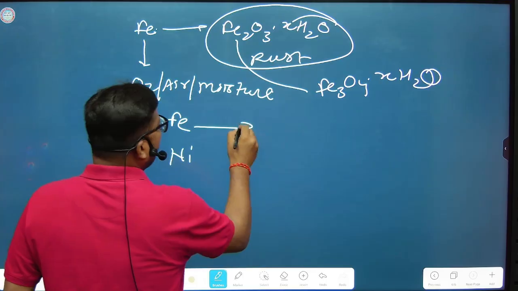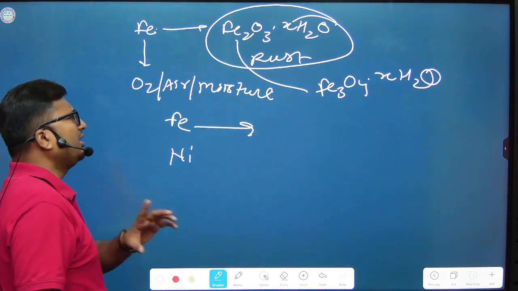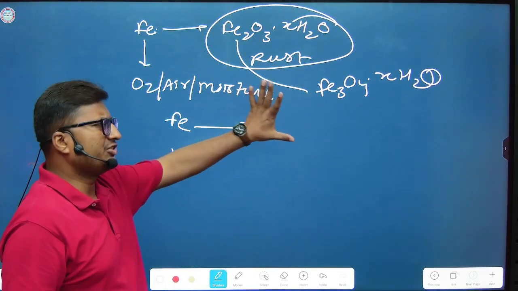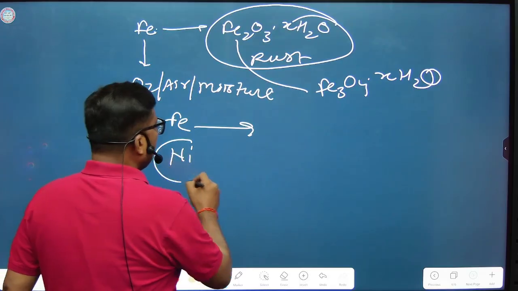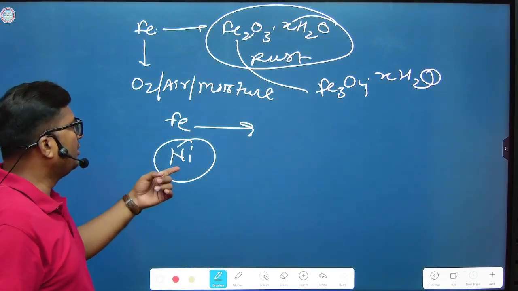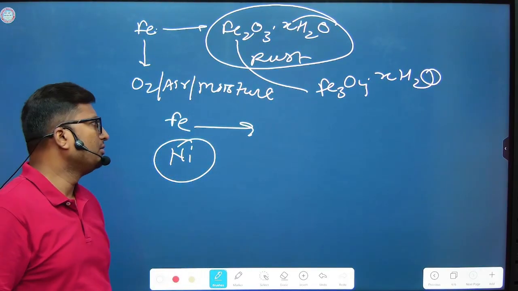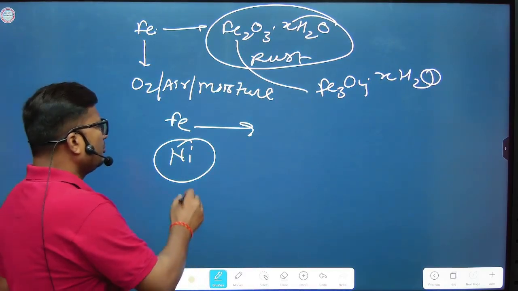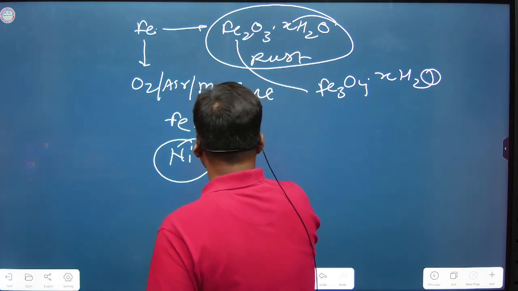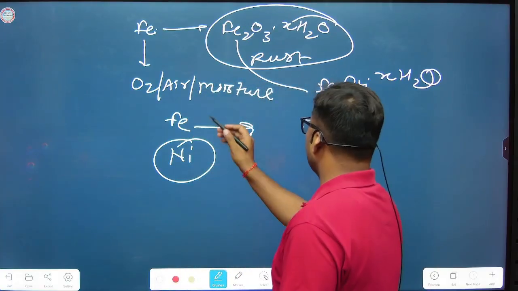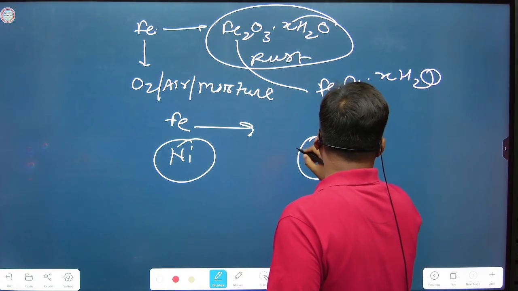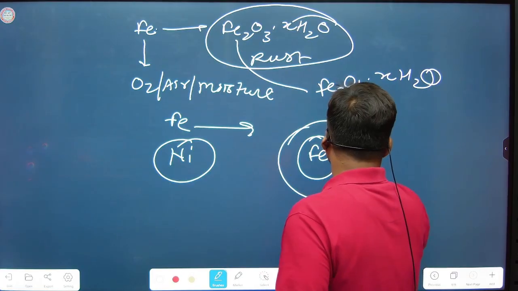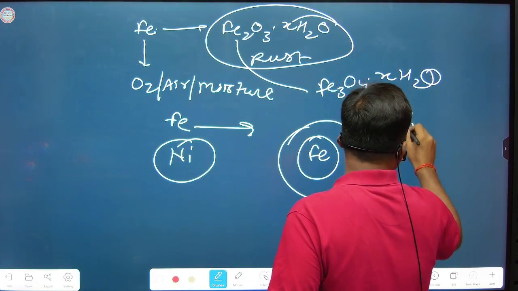So this is highly reactive, and because of the reactivity, it forms rust and it is corroded. But nickel is less reactive, so it is not easily oxidized, right? So it can be electroplated on the surface of iron. So this is your iron, right? And on the surface, we can electroplate nickel.